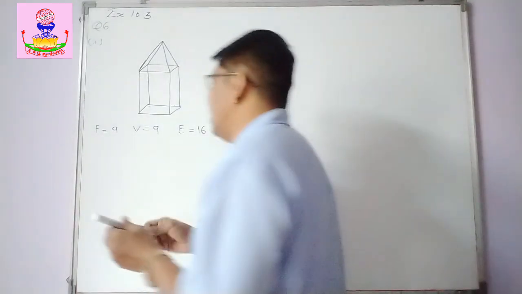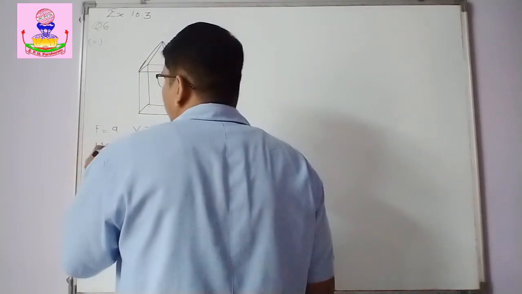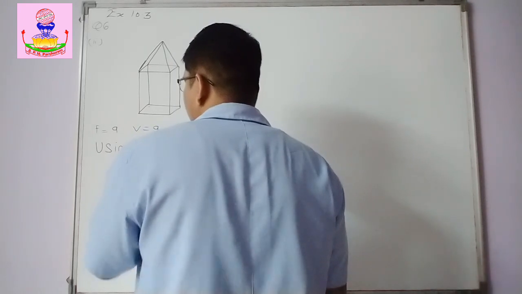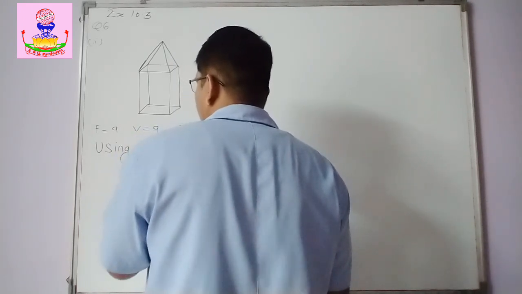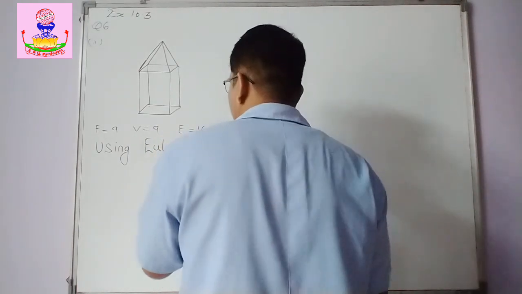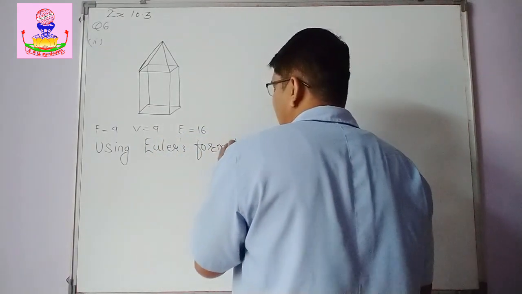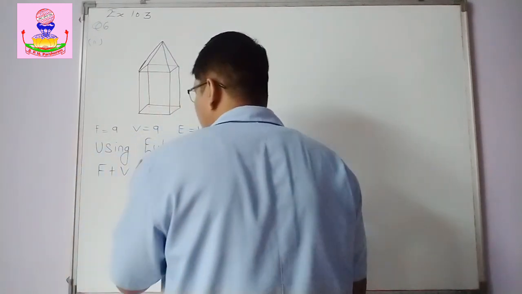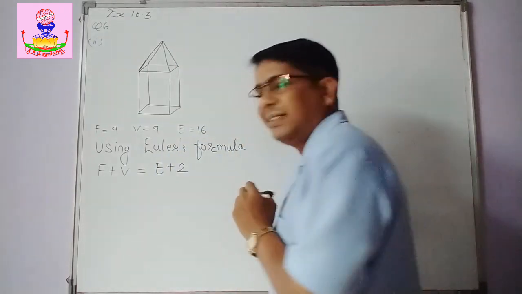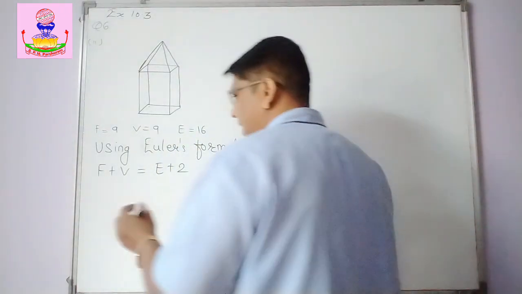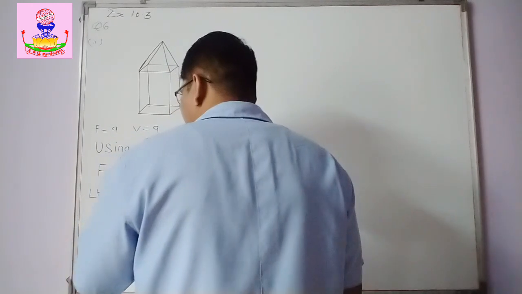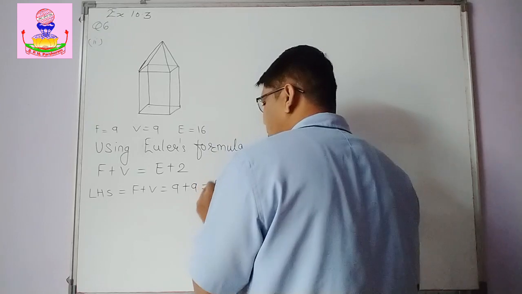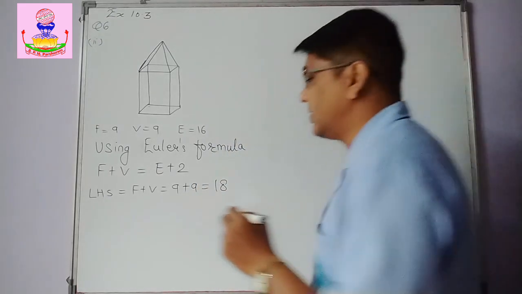Now Euler's formula. What is Euler's formula? Using Euler's formula, F plus V is equal to E plus 2. That is the Euler's formula. So we will first find out LHS. F plus V, that is 9 plus 9 is equal to 18.